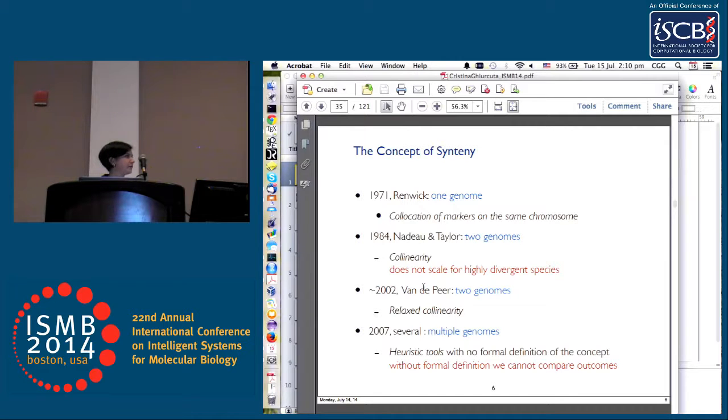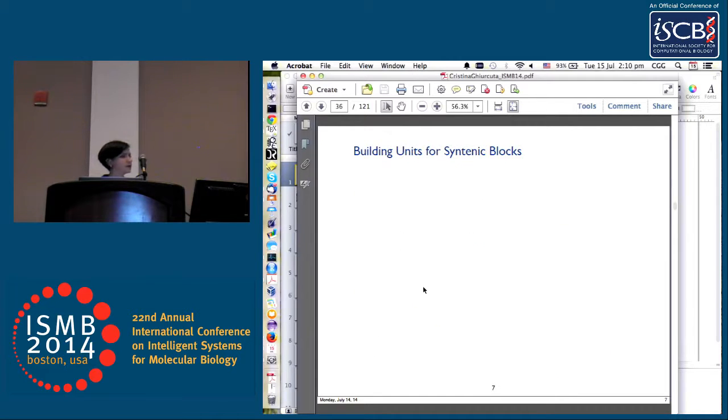We cannot evaluate them. So in order to address this issue, we propose a formal definition that we build on homology, because it is a general and flexible enough notion which requires only common ancestry. At the same time, homology presents the transitive property that allows the definition of equivalence classes.